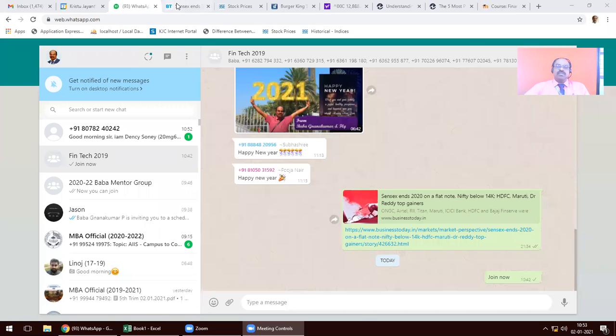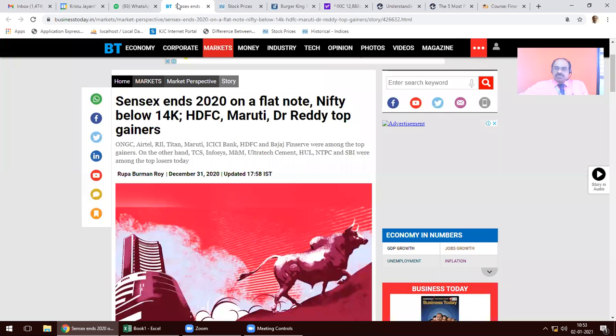I think some of you have gone through the news I have shared with you, very interesting news. You can see in the year 2020 last day, it shows the Sensex ends 2020 on a flat note. Nifty below 14,000, HDFC, Maruti, Dr. Reddy's top gainers.